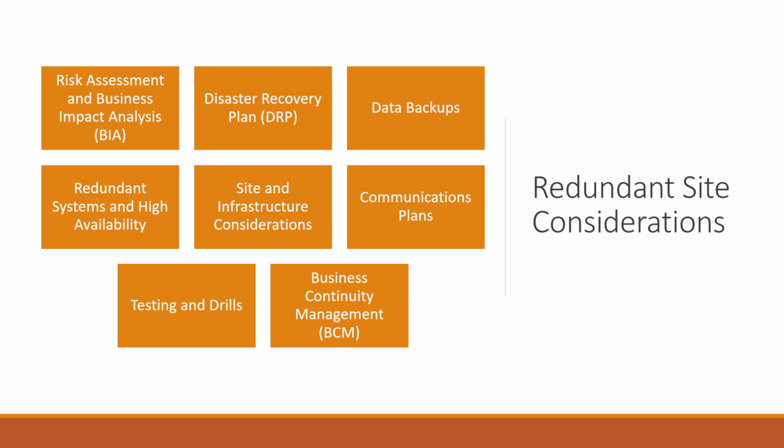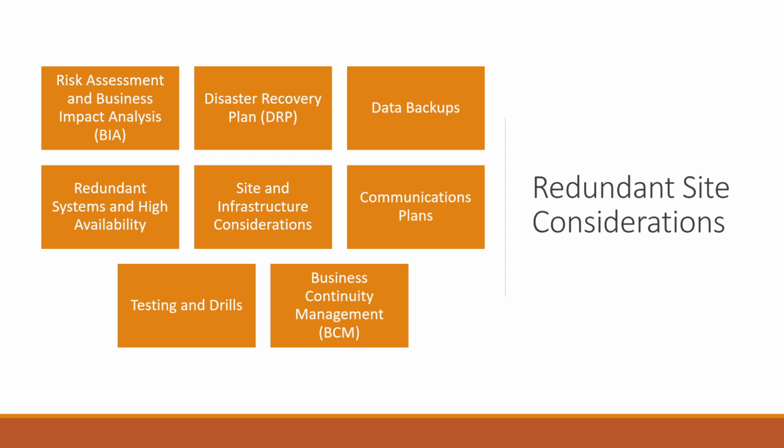We need to make sure we've got our data backups intact, because how are we going to recover without our backups? We need to make sure our redundant systems and high availability strategies are still there to make sure that we have minimal downtime. We're going to need to make sure our site and infrastructure considerations were properly utilized, such as having UPSs or robust physical security within the site to ensure that operations will continue even if we are being attacked again or we have additional power failures.